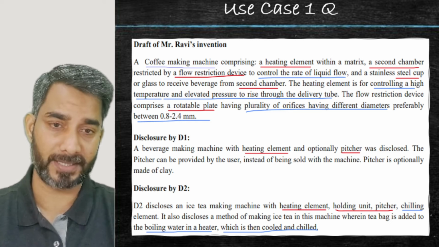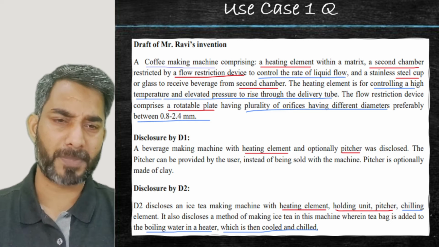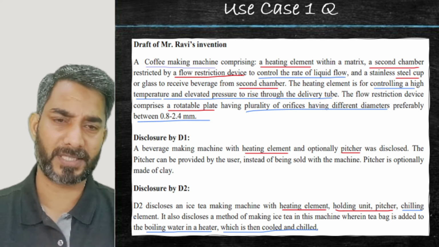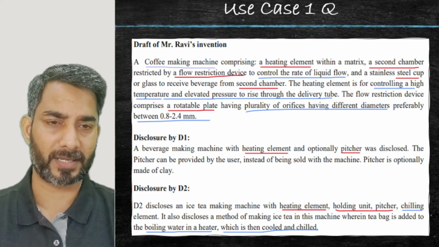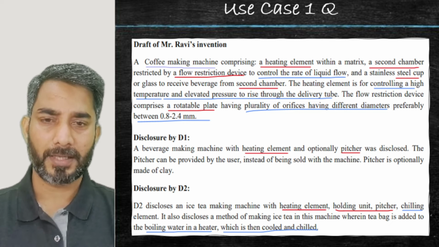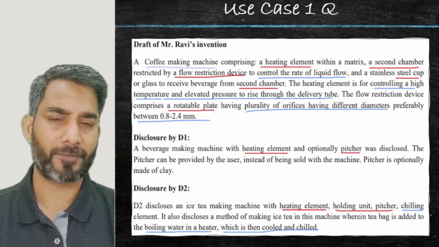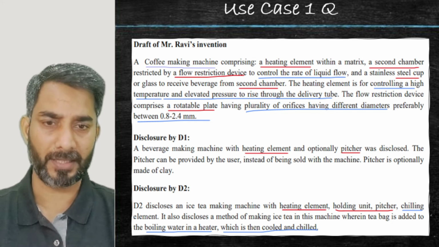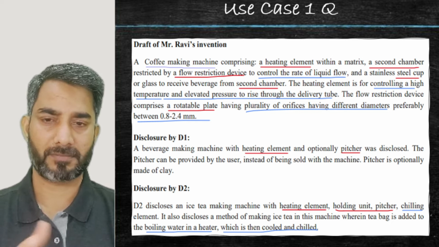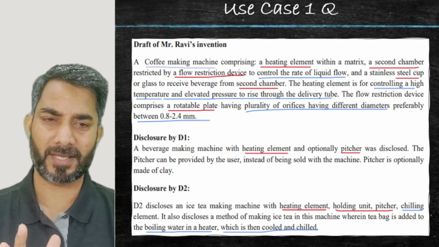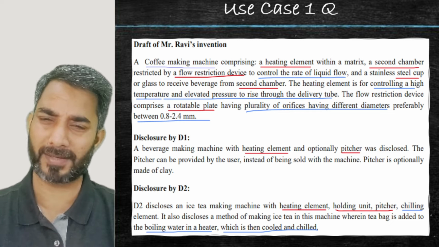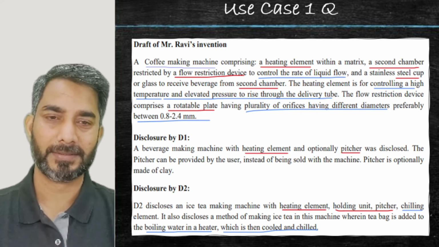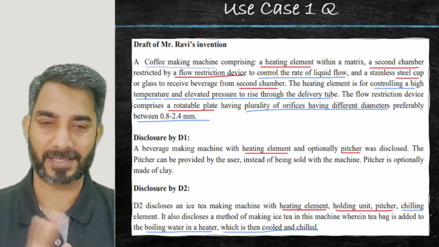We also had a heating element. Optionally pitcher, we also had a cup, and they say optionally pitcher. So 2 elements are together. And beyond that, they have not given any implementation detail. So it's nothing basically. And the pitcher, they seem to be making of clay, which doesn't make any sense as such. It's fine.